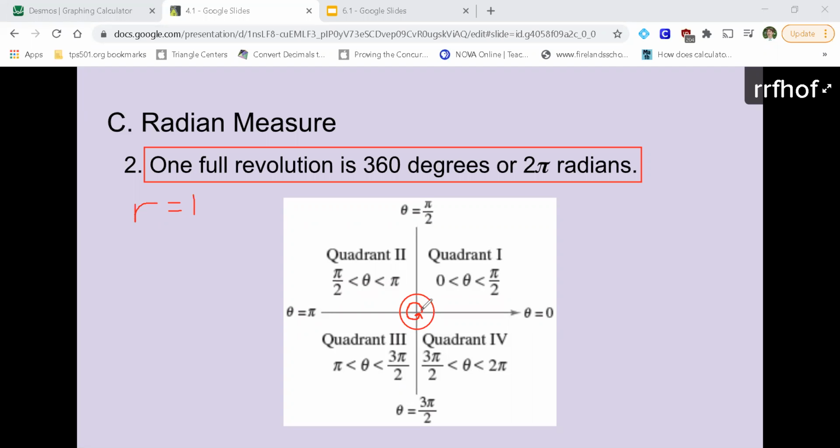I want to find this angle. Well, I am told that the angle in radians is the same as the arc length divided by the radius. The arc that this angle would intersect, since it's a full rotation, would be the full circle.